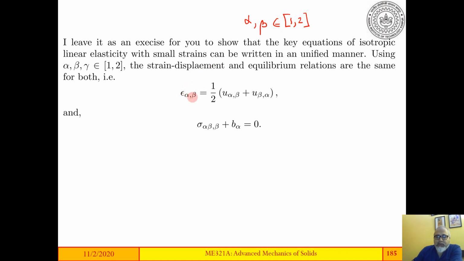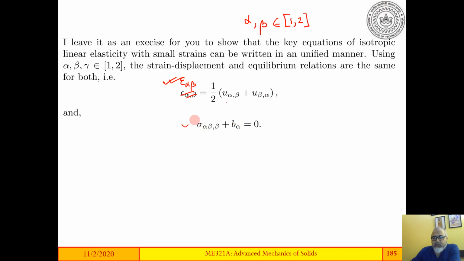So epsilon alpha beta is equal to half u alpha comma beta plus u beta comma alpha. So this takes the values 1 1, 1 2 and 2 2 only. So 3 does not arise here. So the strain displacement relations can be expressed in this form.